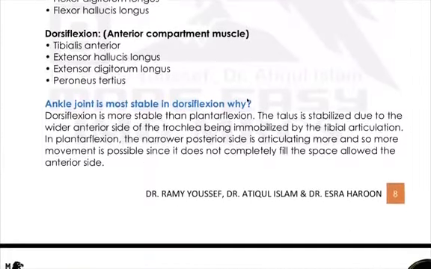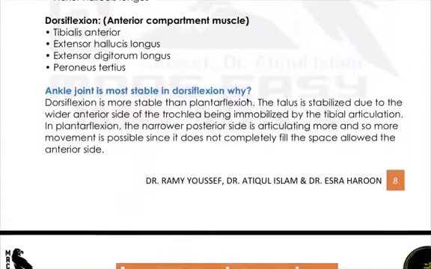About this question, this is a very nice question. The ankle joint is most stable in dorsiflexion. Why? Very simply, always remember, when the foot is dorsiflexed completely, you cannot move your foot.